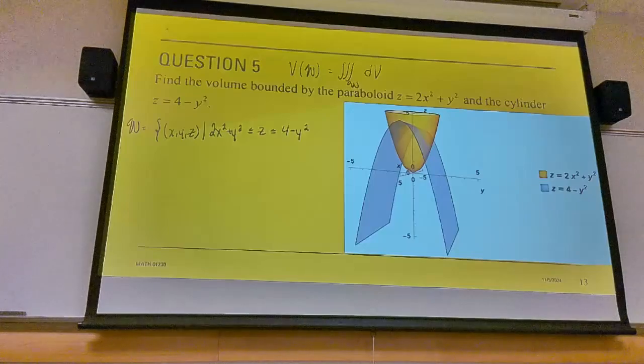What do you want to define next, x or y? Well, it doesn't really matter, does it? Or does it?